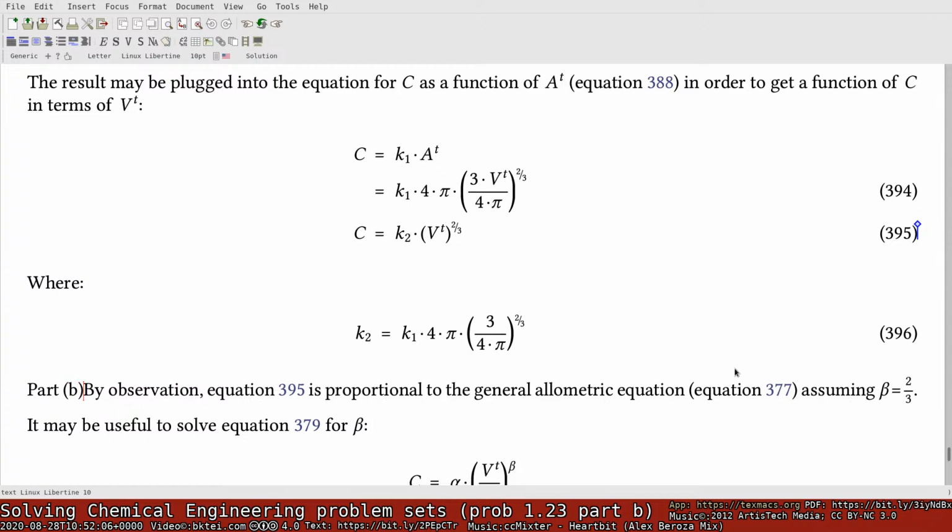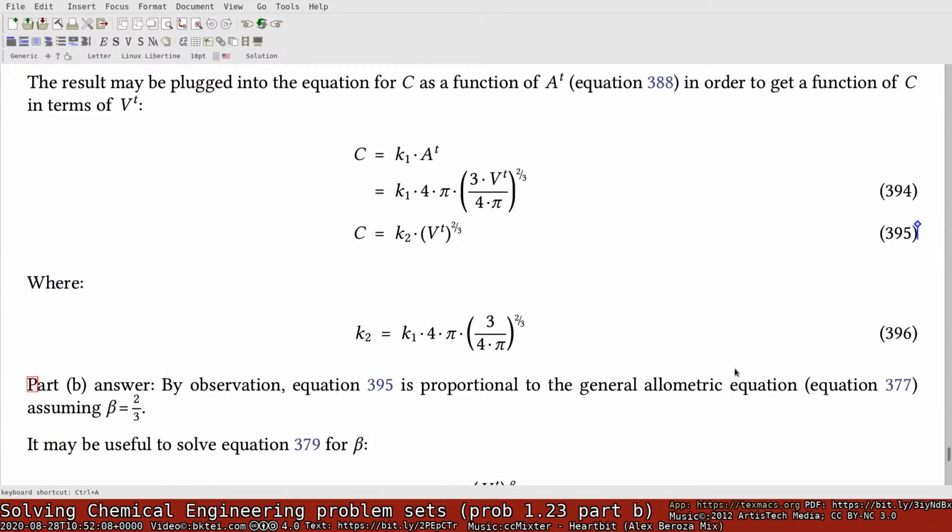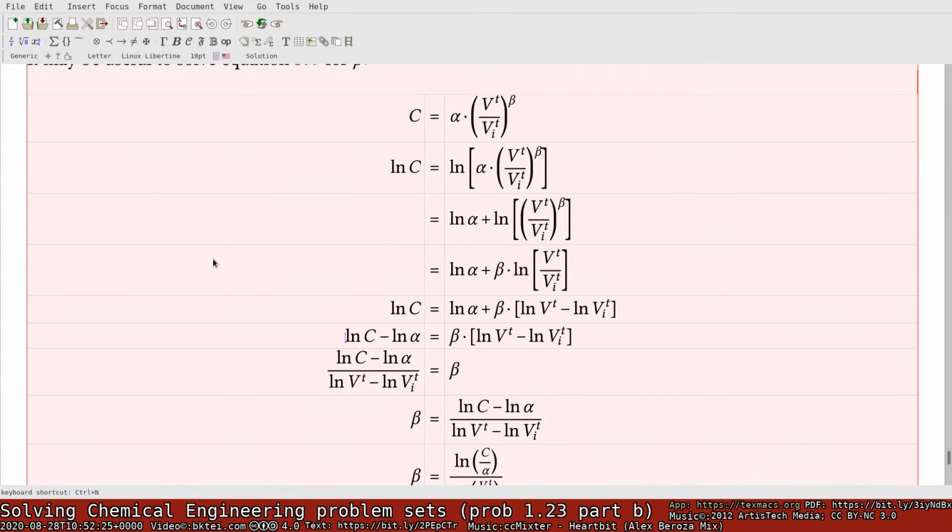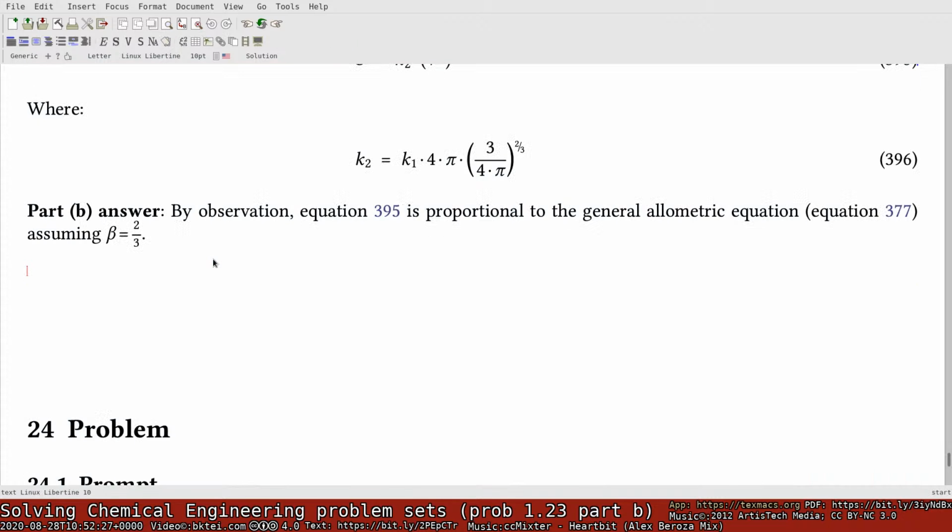So part B, answer. It was not useful to solve for beta.